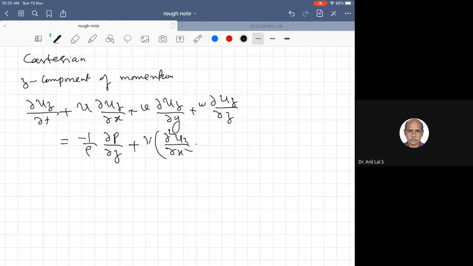Okay, uz only I am writing. It is normally written as w in the Cartesian coordinate system, but here I will write it as uz itself, so that we will have a match between the previous equation and this equation.